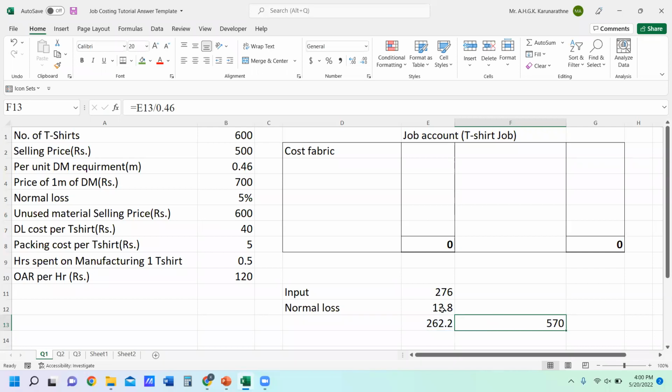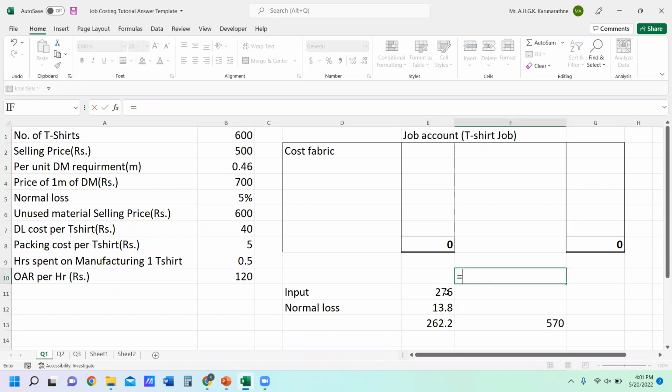So you cannot introduce just 276 fabric to your production process, because 276 should be the fabric you actually consume after the normal loss. That means this should be equal to 95% after the normal loss. Accordingly, if after the normal loss the fabric is 276, before normal loss it should be this divided by 0.95, or divided by 95 multiplied by 100.